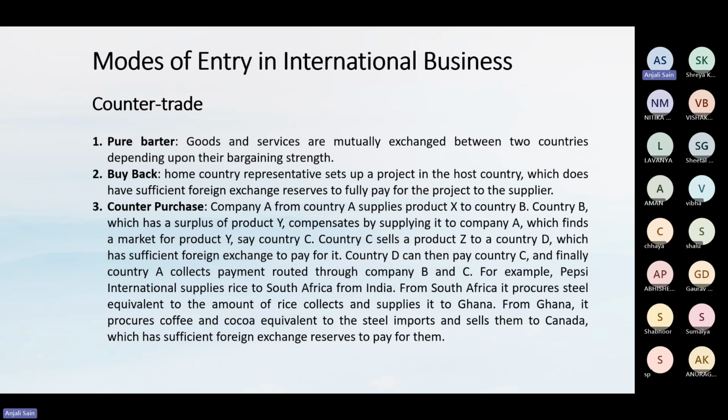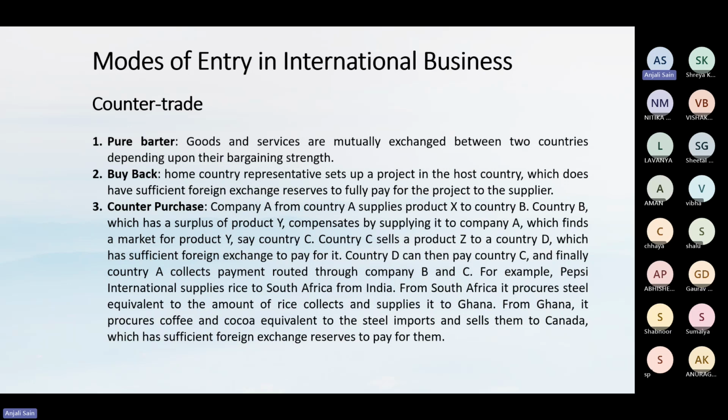Country B has a surplus of product Y. वो प्रोडक्ट Y उसने A को ट्रांसफर किया, then A ने उसको C को ट्रांसफर किया and C ने उसको D को ट्रांसफर किया and D ने उसका पेमेंट किया C को, उसको पेमेंट मिला which then C made the payment to the A. ठीक है. इससे क्या हुआ? कंट्री ए के पास फाइनली पेमेंट रिसीव हो गई for the product they are dealing in.